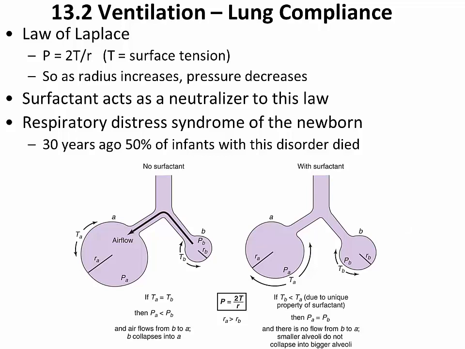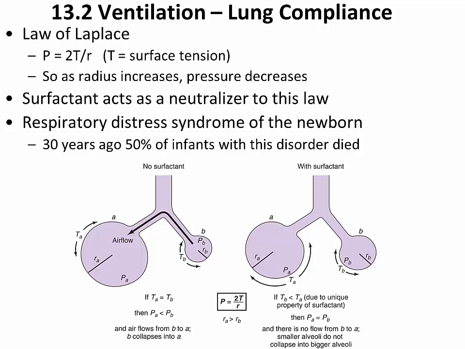And interestingly, the important thing to understand is this: as the surface area decreases, in other words, as the radius decreases, then the effect of surfactant becomes more and more pronounced.